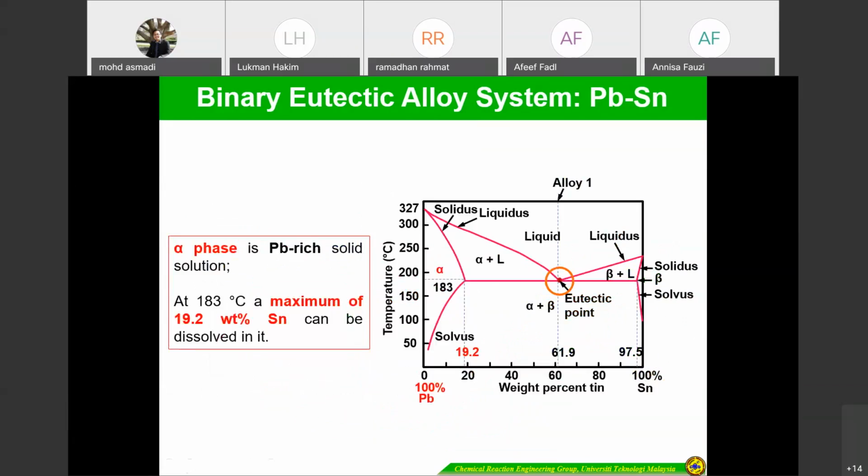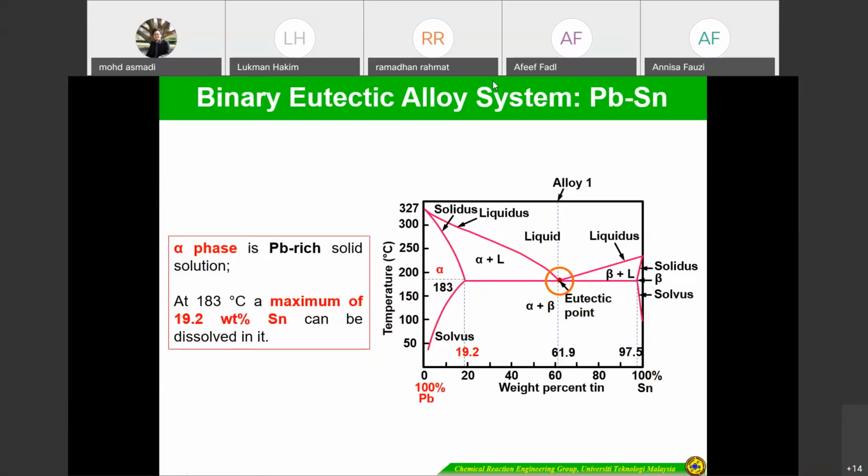So what we can say here is that the alpha phase is the lead-rich solid solution. This one is almost 100% plumbum or lead. And at 183 degrees C, a maximum of 19.2% of stannum can be dissolved.